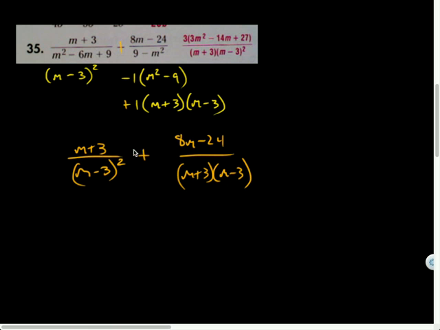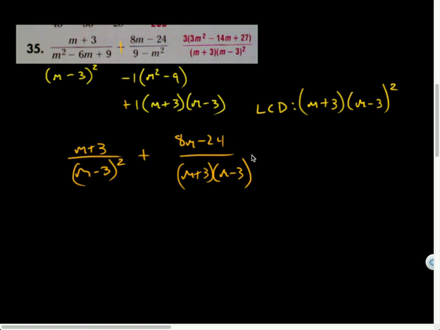So the LCD in this situation, what's that going to be? m plus 3 has to be there, and m minus 3. I actually do need both of them, because if I just had one, this would only have partially canceled out with that LCD. So I need it to entirely cancel out.